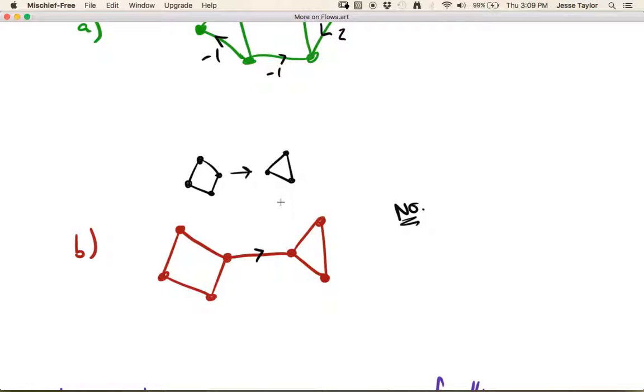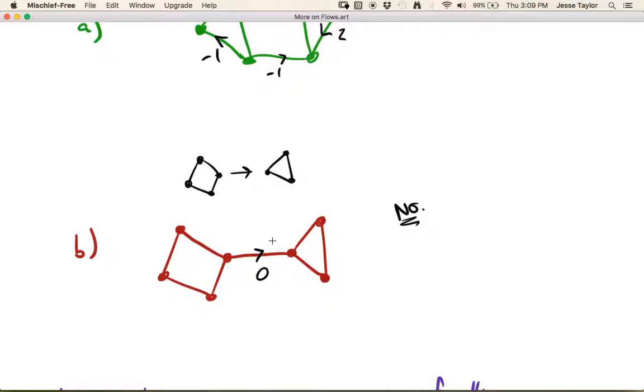And that's no good. For a flow, we want everything to sort of be in balance and constantly moving through the system. So if you have a bridge, it has to have weight 0, or else all the water is going to be collecting on one side, whichever direction the bridge is oriented in.